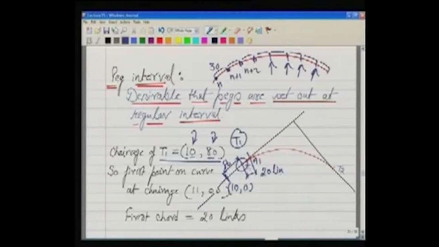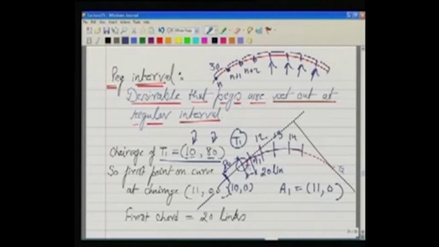By doing this, what we have achieved is that the chainage of A1 is now 11, 0. So it is a full chain point. The next points will have chainages 12, 13, 14, full chains, no links there. This is how we decide the peg interval.